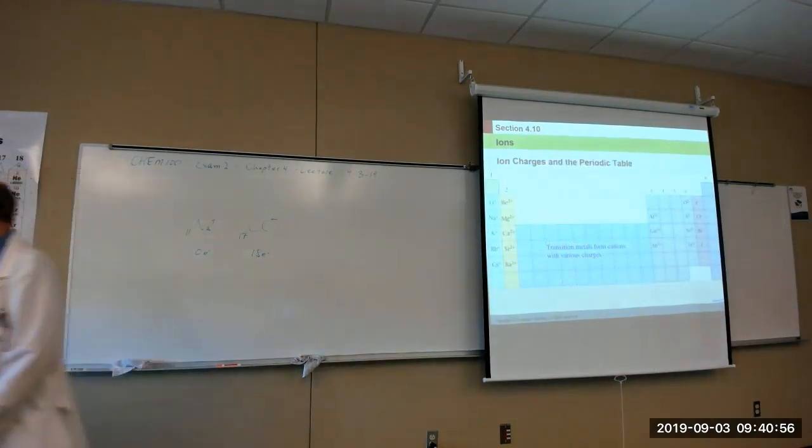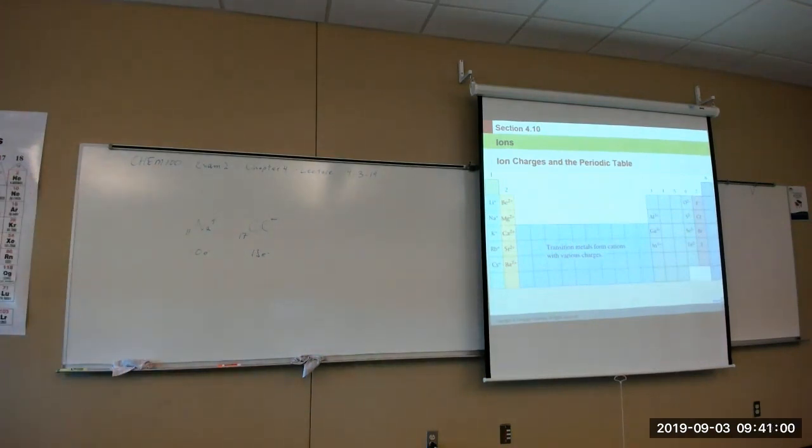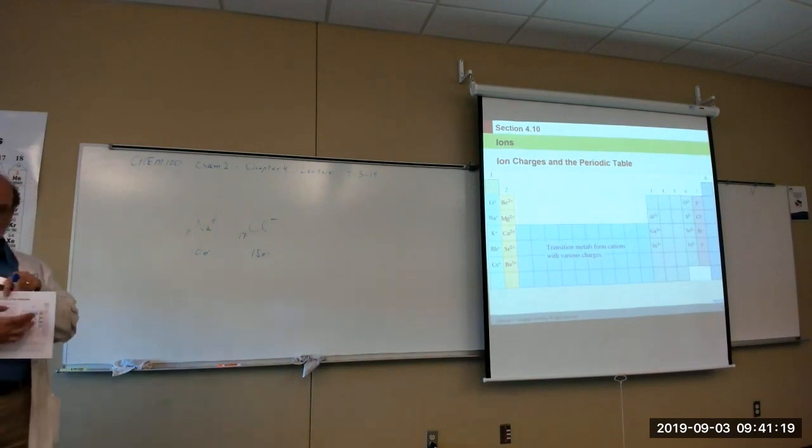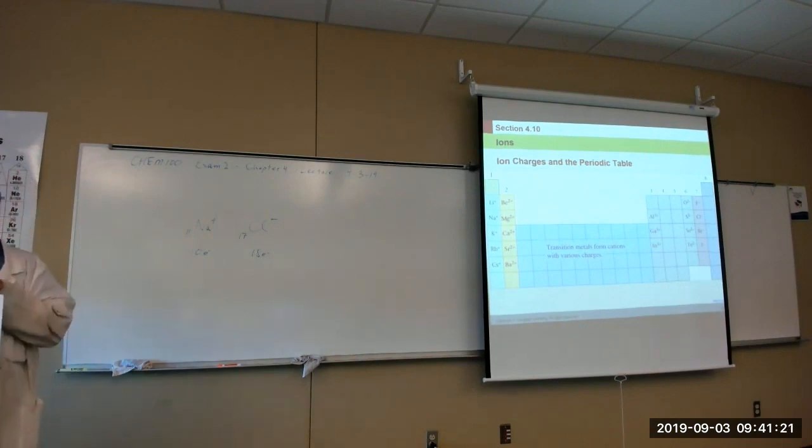Now you'll notice also in that periodic table that I gave you, where is it? Here it is. You'll notice that in the upper right-hand corner of each one of these cells is a list of charges. These are available charges for the element.